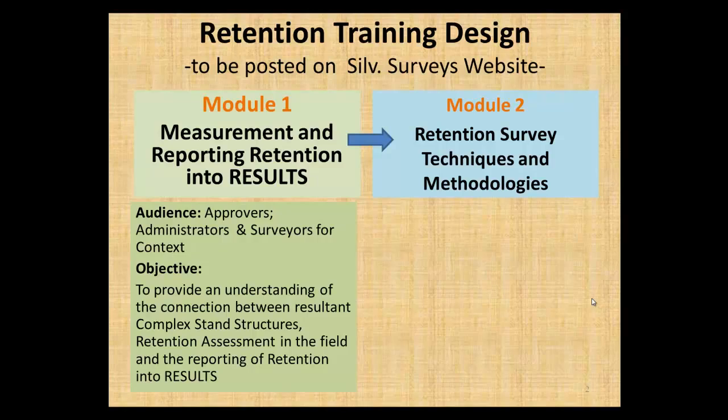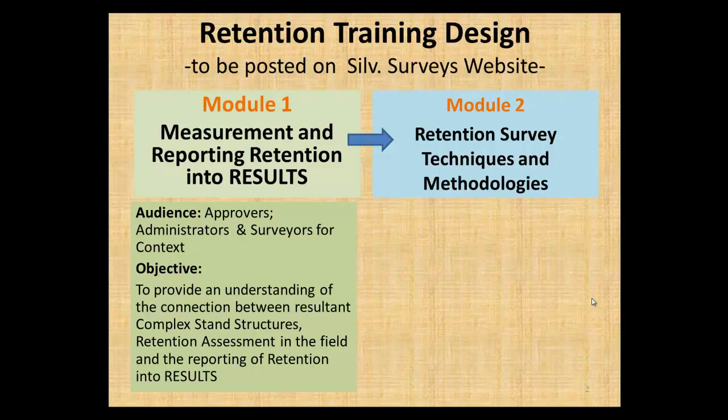So this one, module 1, is more for the approvers or administrators who are dealing with surveys, dealing with information that's going into results in the context of reporting obligations for retention.